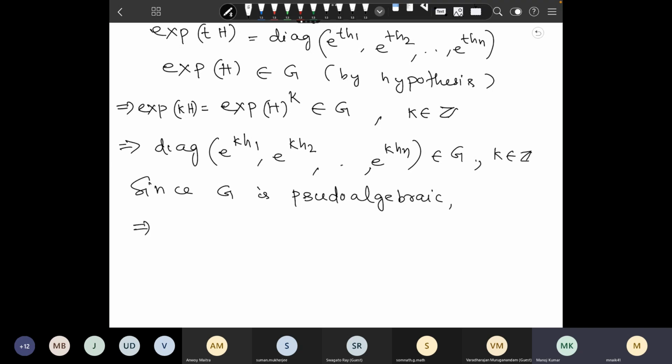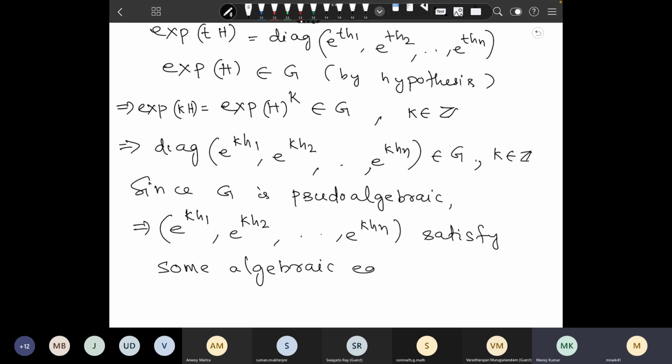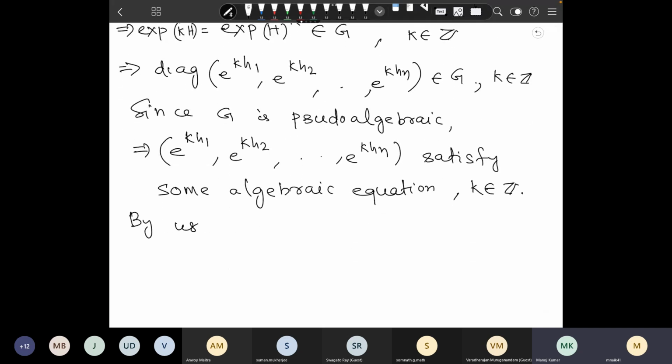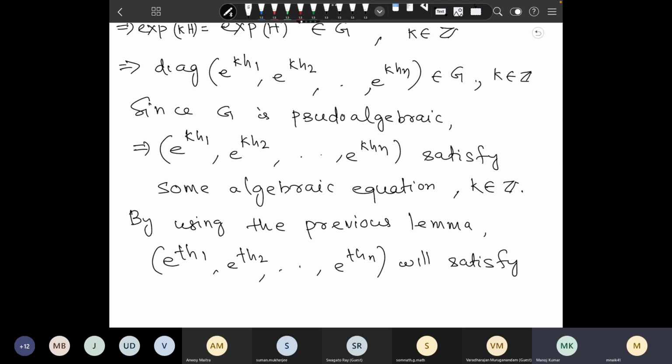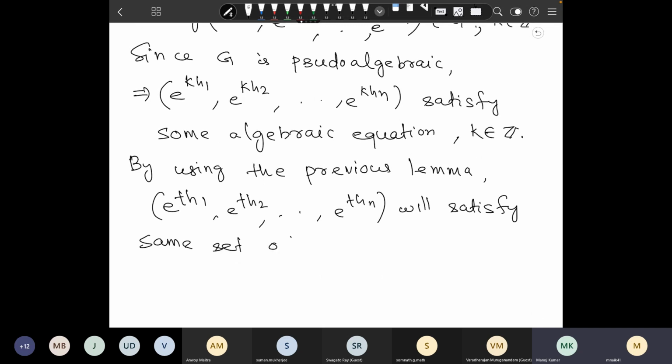So that means if diagonal of (e to the power kh1, e to the power kh2, ..., e to the power khn) belongs to G, then (e to the power kh1, ..., e to the power khn) satisfies some algebraic equations, for k belongs to Z. Now, by using the previous lemma, (e to the power th1, e to the power th2, ..., e to the power thn) will satisfy the same set of algebraic equations.